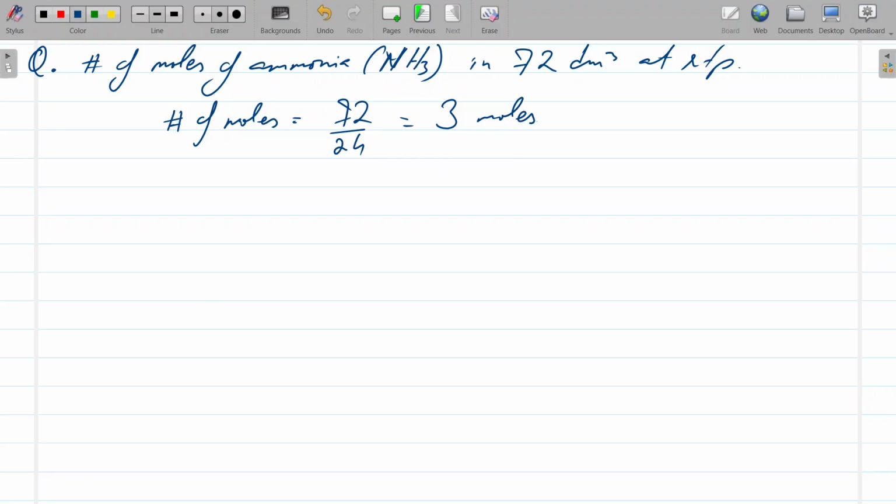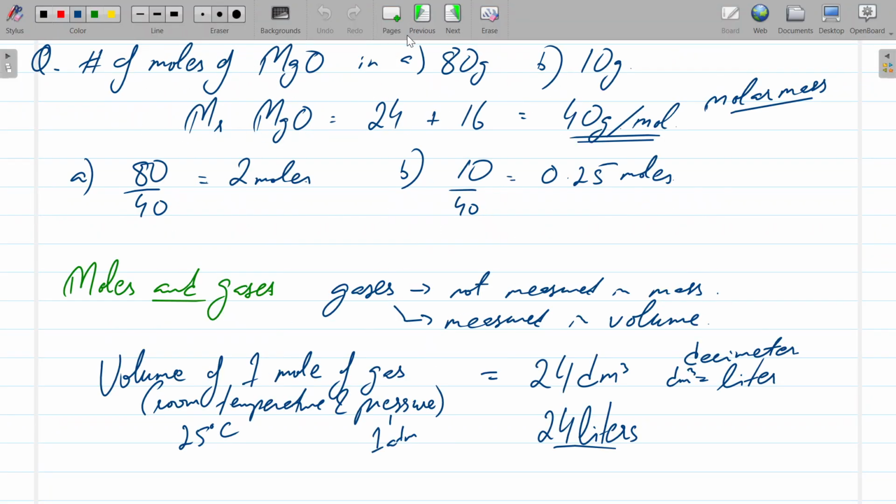Yes. Now, I just want to include over here, what's the mass of 3 moles of ammonia? Right, and so if you go back, it will be multiplied by molar mass.